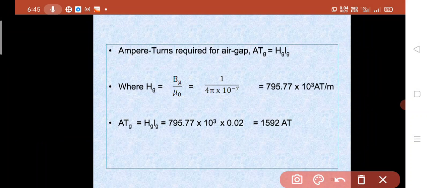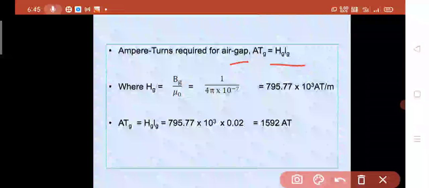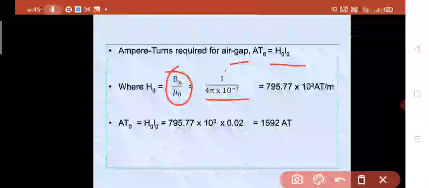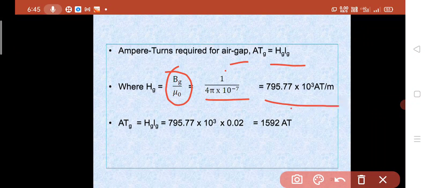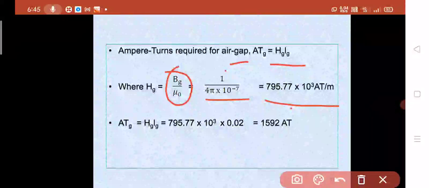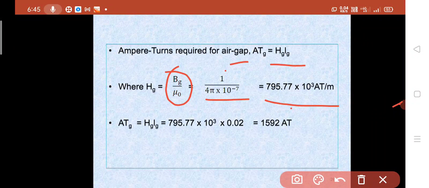Now ampere turns required for air gap ATg is equal to Hg Lg, where Hg is equal to Bg by mu naught. So Bg value is 1, mu naught value is 4 pi into 10 to the power of minus 7. So Hg is equal to 795.77 into 10 to the power of 3 ampere turns per meter.